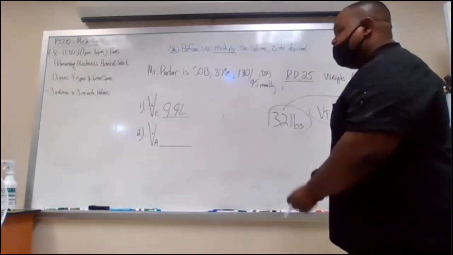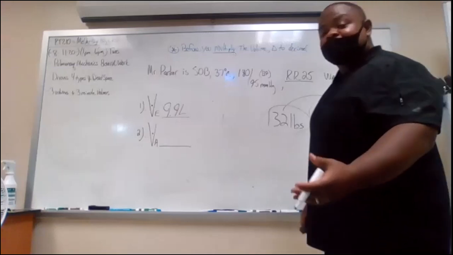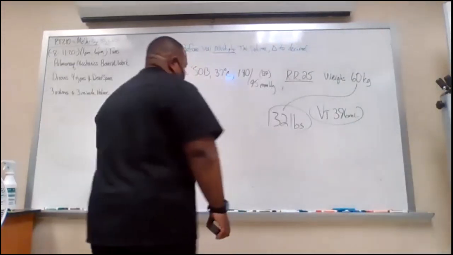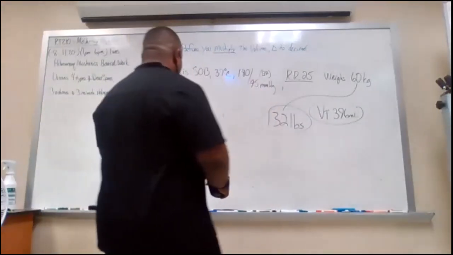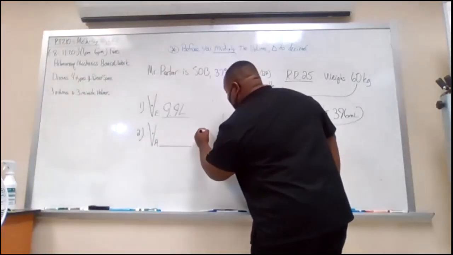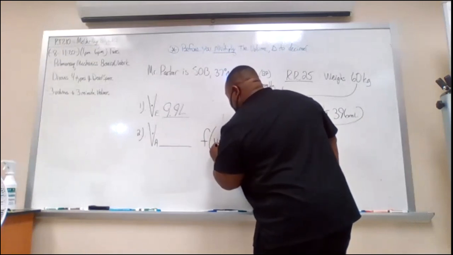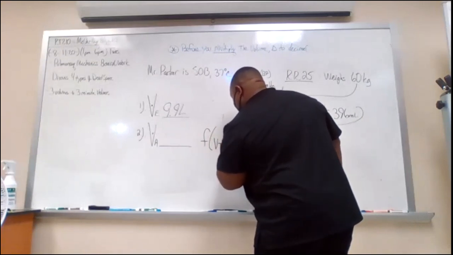Okay? Now, the next thing I asked, what is the alveolar minute ventilation? The formula for alveolar minute ventilation is frequency times tidal volume minus the dead space volume.